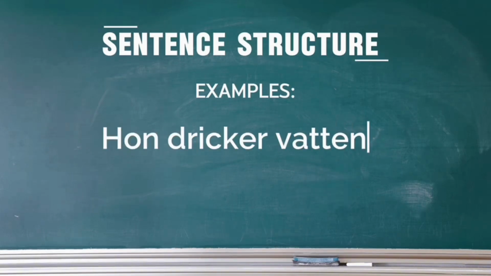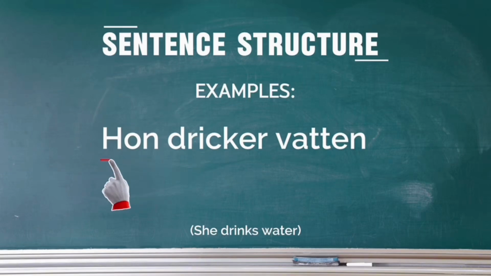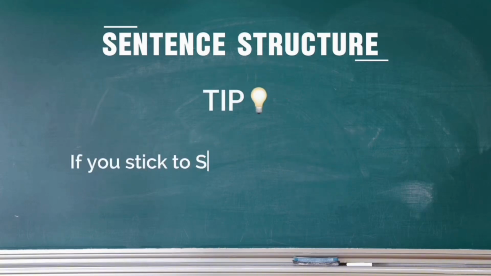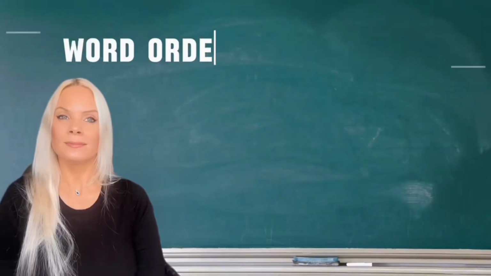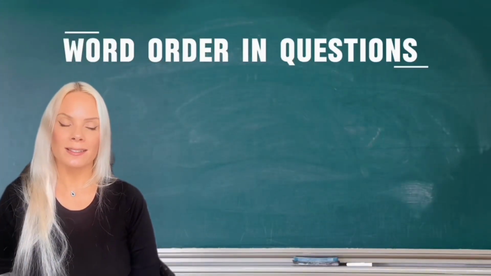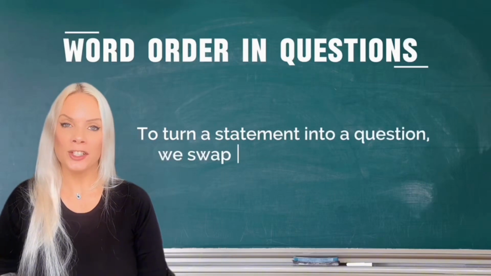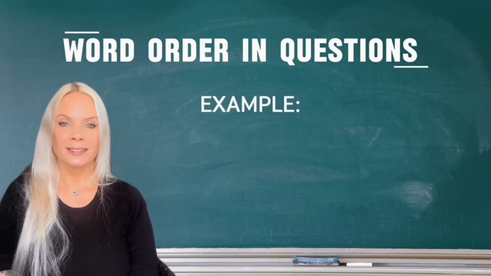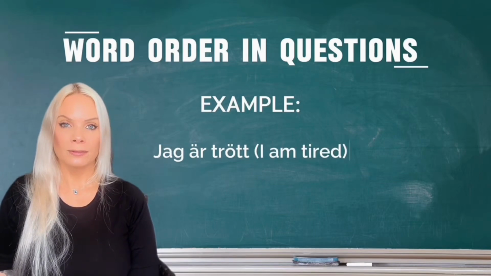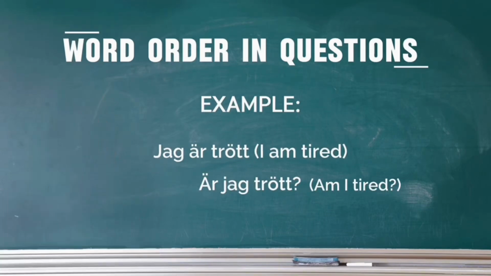Hon dricker vatten. Subject, hon. Verb, dricker. Object, vatten. If you stick to subject, verb, object, you're off to a great start.